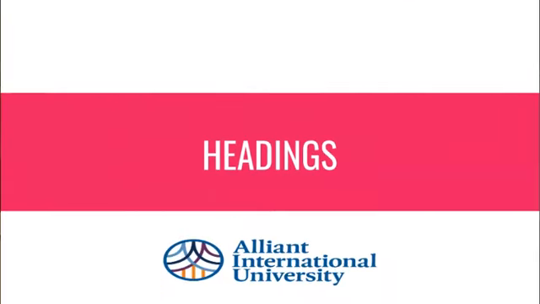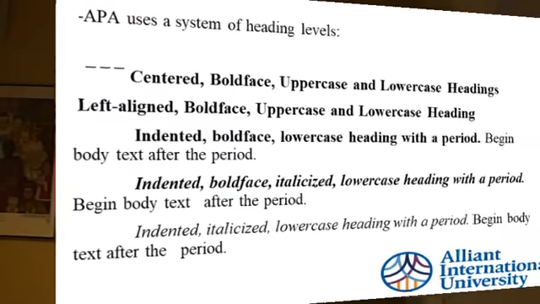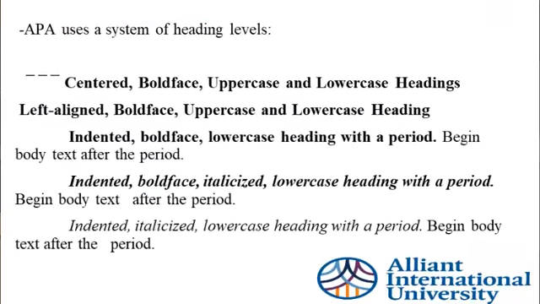All right, headings. So now we're moving on towards the body of your paper. When you have headings such as participants, methods, discussion, results, those types of headings in a research paper, those will be centered, boldfaced, uppercase and lowercase headings. You want to be sure that they are left aligned in bold, and you don't have them all in caps.